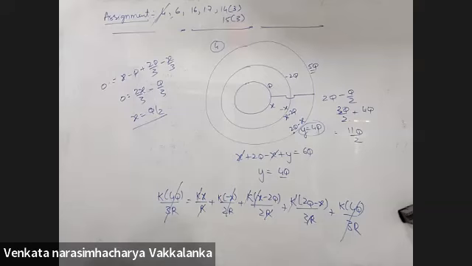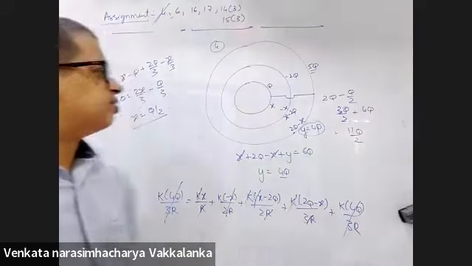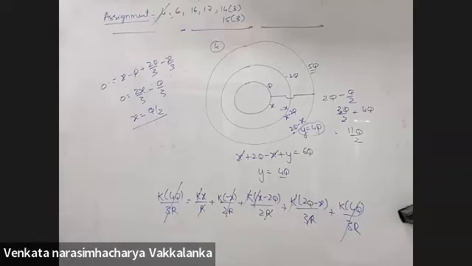Or did they calculate just the outer surface? The outer surface is 4Q, the inner surface is 3Q by 2. Either way, we will not get 5Q by 2. It is 11Q by 2. I'll change the key.